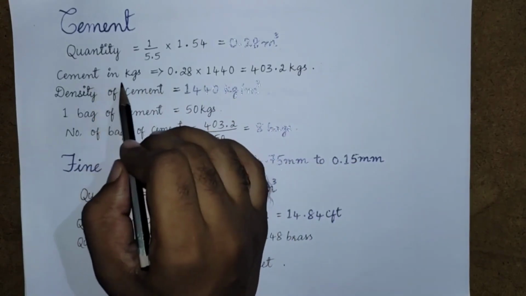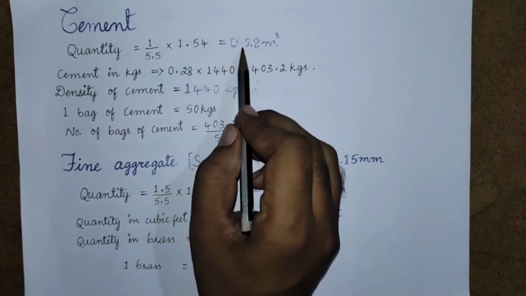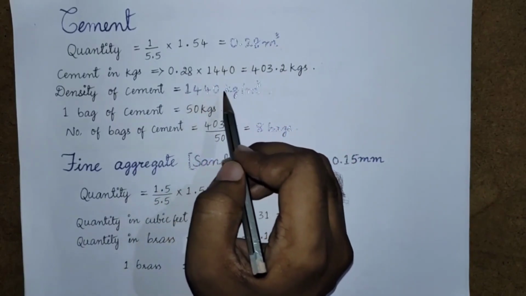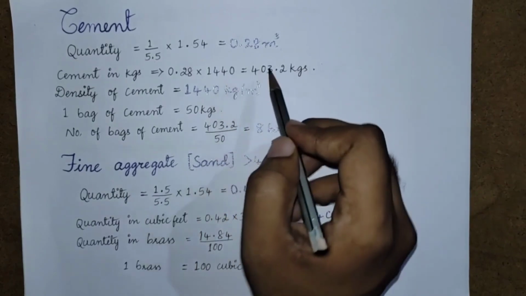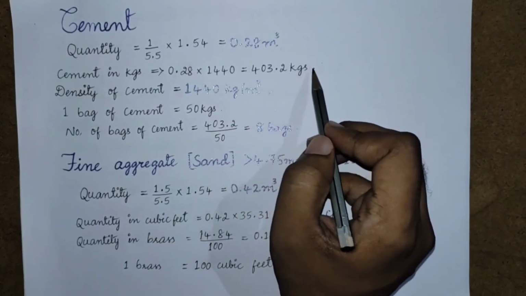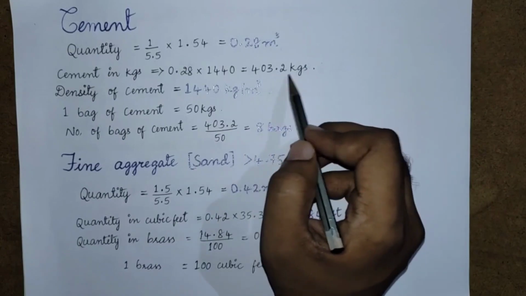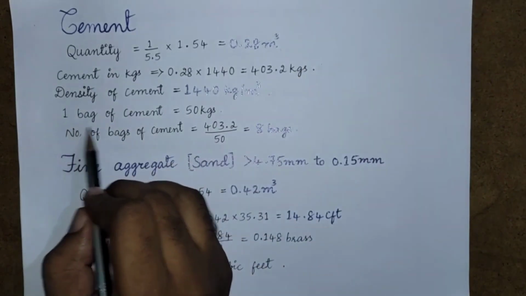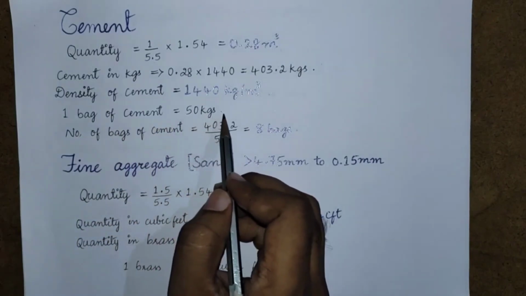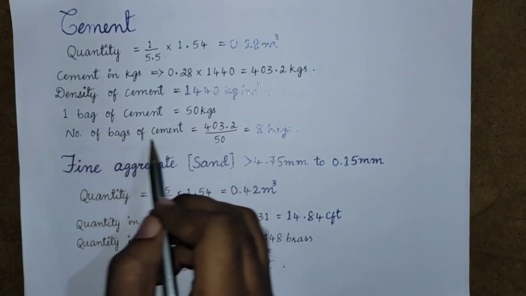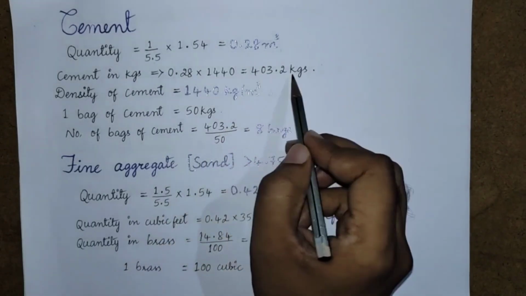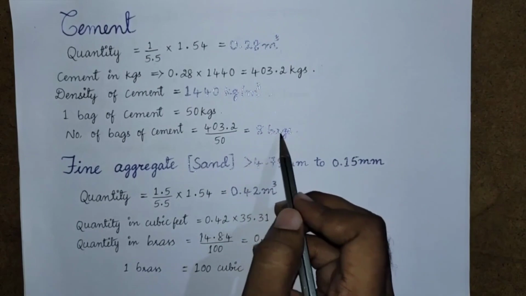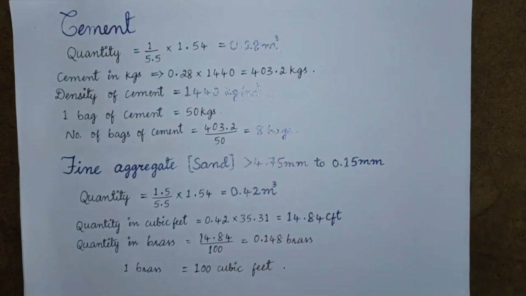Then cement in kgs is equal to 0.28 meter cube multiplied by 1440 kg per meter cube, we get 403.2 kgs. Then these kgs we have to convert into number of bags. 1 bag of cement is equal to 50 kgs. So number of bags of cement is equal to 403.2 divided by 50 kg. So we get 8 bags of cement.